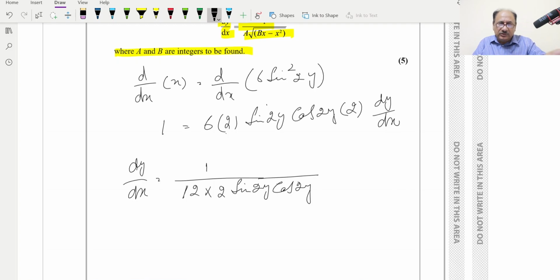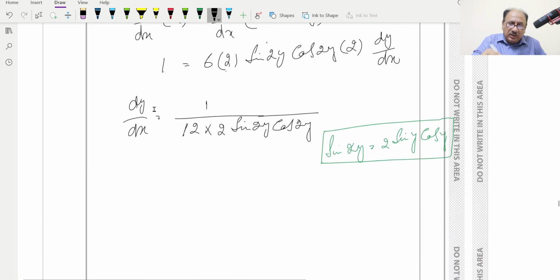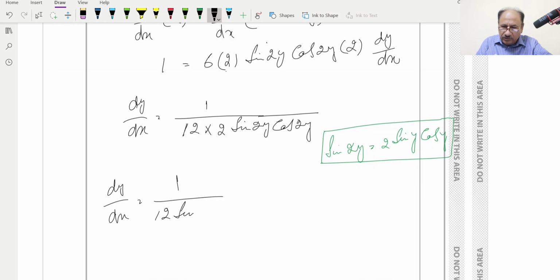So this is the denominator, and we know that sine of 2y is equal to 2 sine y cos y. This is the formula which we will be utilizing, and we can rewrite this derivative as dy over dx is equal to 1 over 12 and sine of 4y, because this will be sine of 2y.